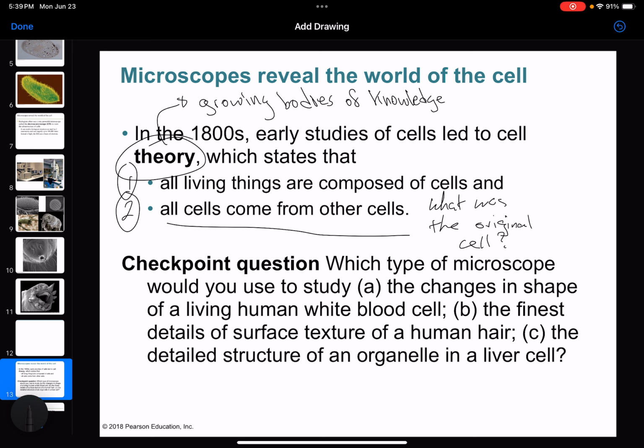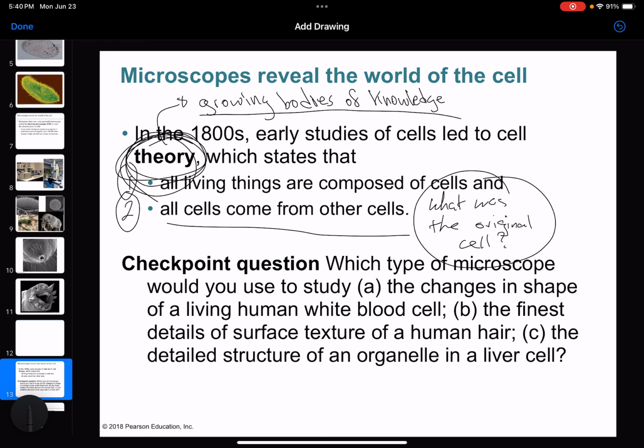Like, where did life begin? And that is a much more complex question to ask. And that's likely the reason why this will remain a theory for a while. When we figure this out and we figure out all the other aspects of cells, then maybe we can start discussing this as the law of cells. But right now, it's a growing body of knowledge, and that's the definition of a theory.